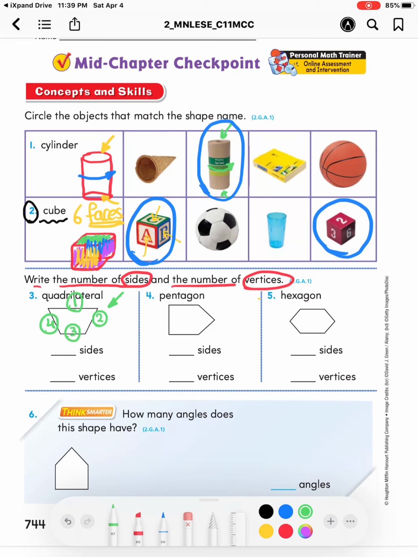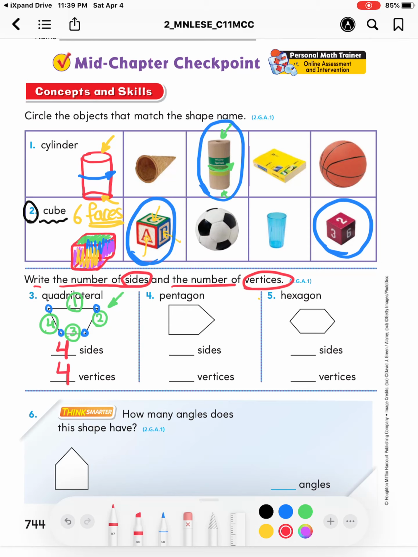So how many sides do I have? I have 4 sides here. And how many vertices? Let's do it together. 1, 2, 3, 4. So it's 4 vertices. Good job, boys and girls. A quadrilateral can be a trapezoid, rectangle, square, any 2-dimensional shape that has 4 sides.